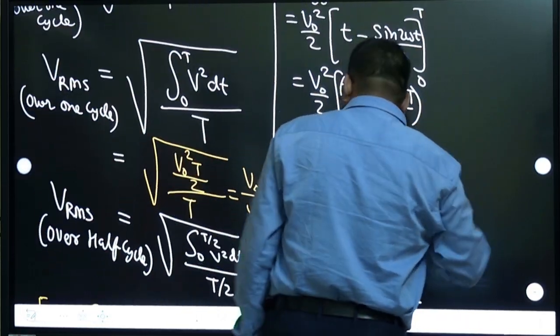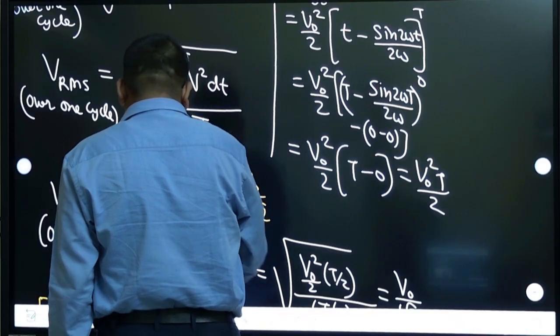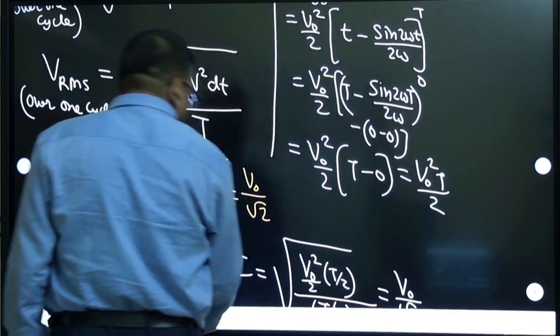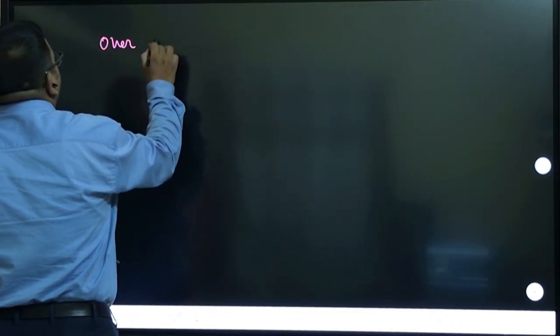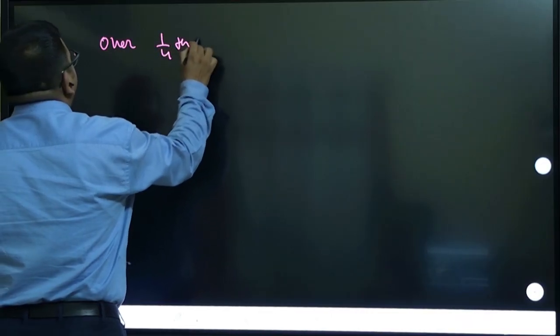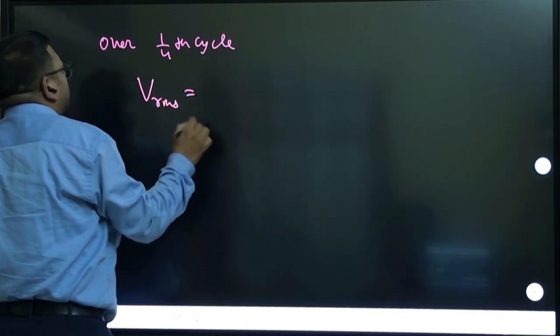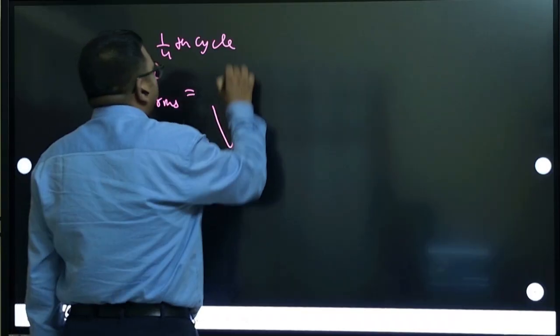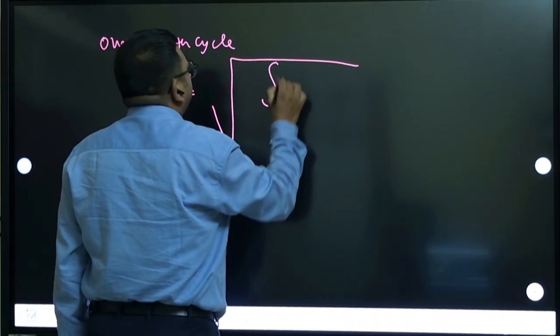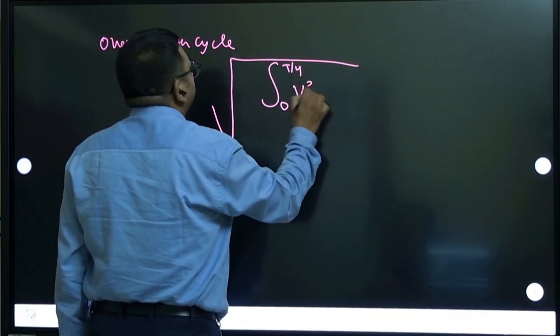Okay. Suppose over 1/4 cycle you take. So V RMS will be root under 1 over T by 4, integral of V square dt.